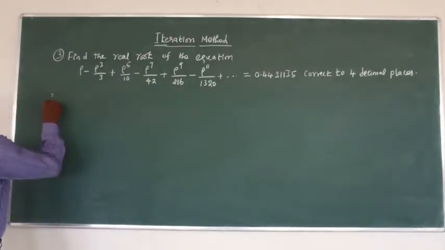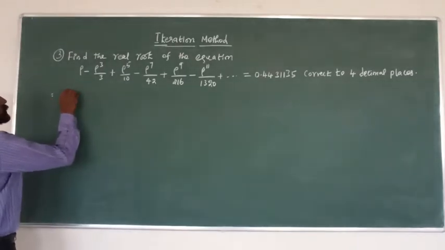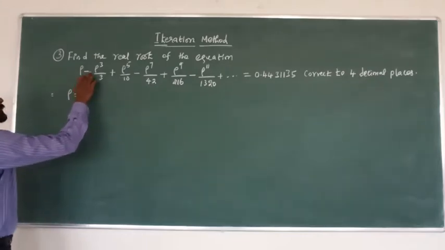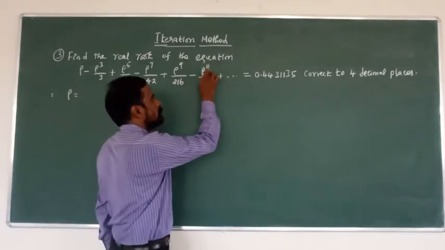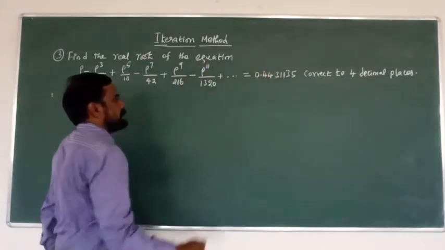Now to rearrange the equation: rho equal to, now rho cube, rho 5, rho 7, rho 9 and rho 11 we can take to this side.